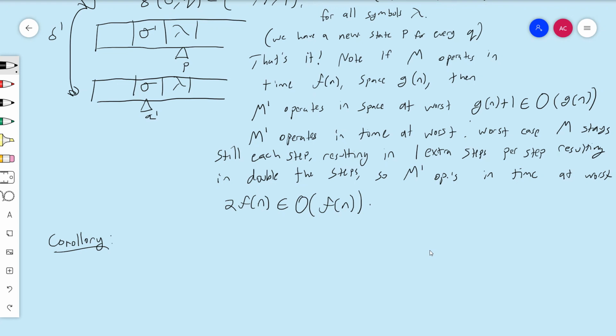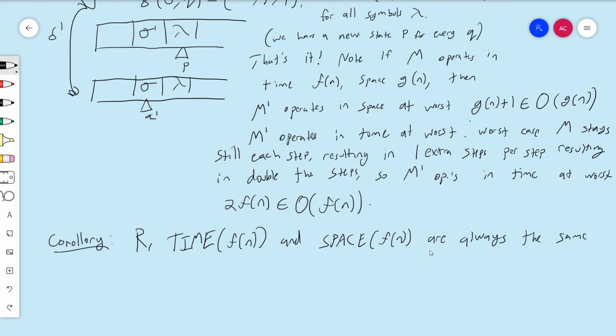So the corollary is: R, the set of all computable functions, time f of n, and space f of n are always the same class, the same set, regardless of whether or not our Turing machines stay still. So we don't have to worry about that.